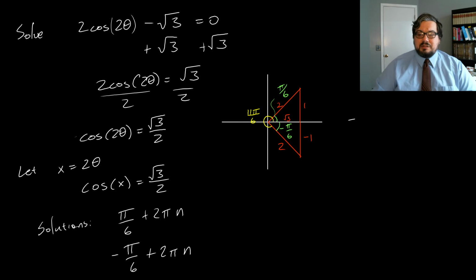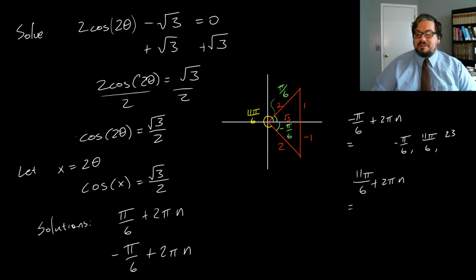Notice that if we look at negative pi over 6 plus 2 pi n and 11 pi over 6 plus 2 pi n, these are going to give us the same collections of numbers. We'll get negative pi over 6, adding 2 pi gives us 11 pi over 6, adding 2 pi again gives us 23 pi over 6, subtracting 2 pi gives us negative 13 pi over 6, and so forth.